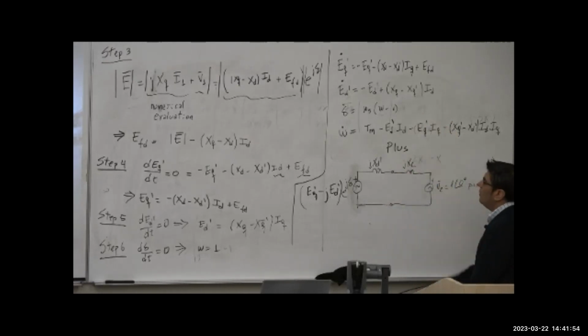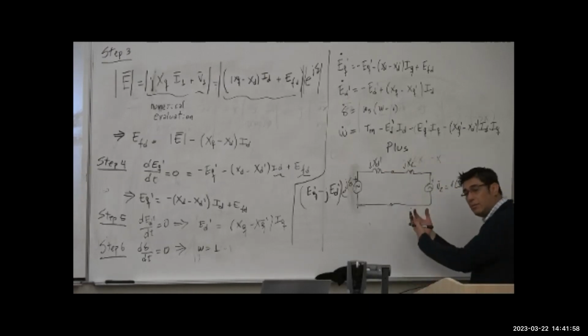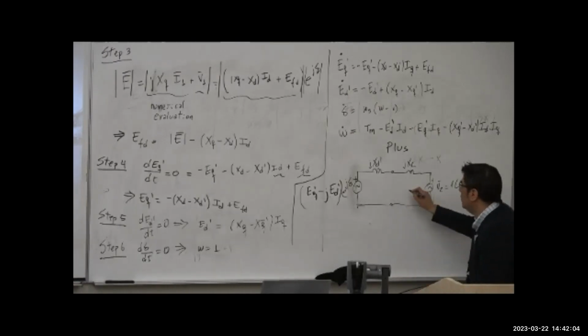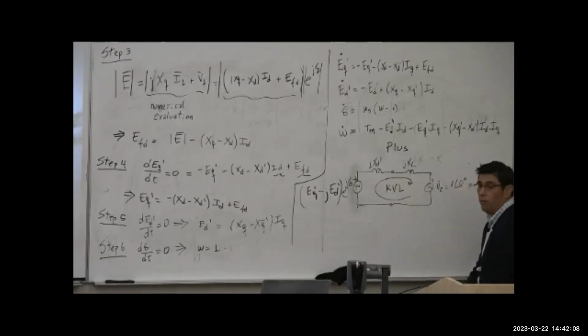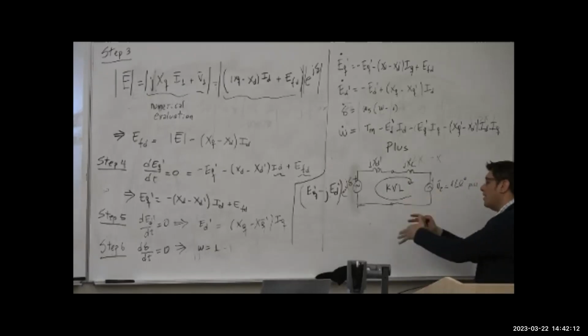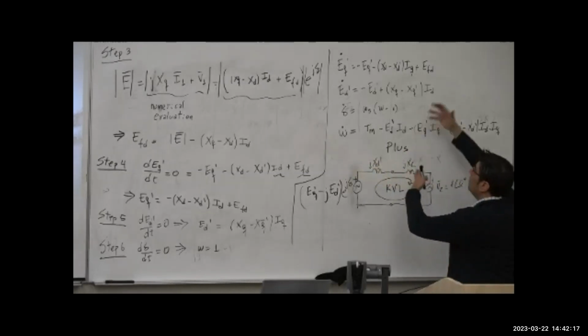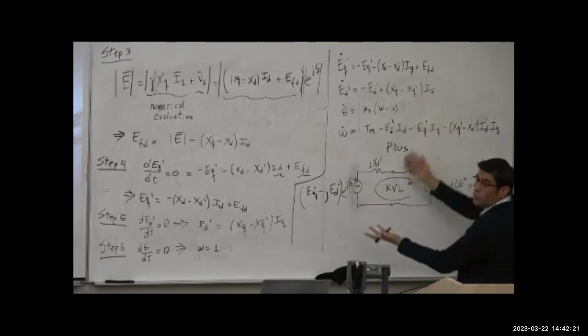So from this model, we need to obtain 2 equations that can be added to the model, so those variables are determined. What are the 2 equations we get? Kirchhoff voltage law. It is a complex equation; we separate the real and imaginary parts, and we have 2 algebraic equations that can be added to these 4 differential equations, and we solve.